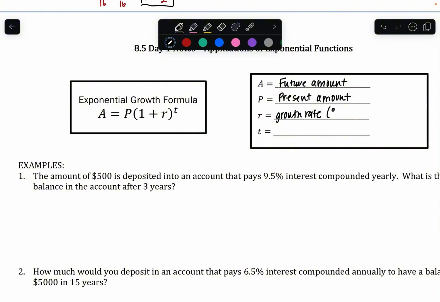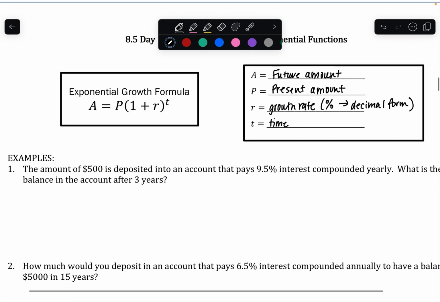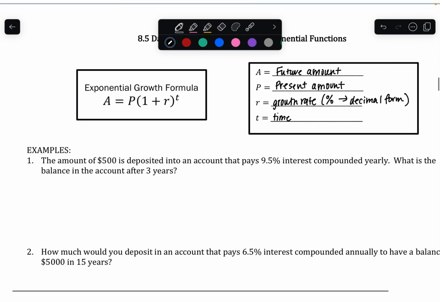And so in parentheses, I'm going to say percent to decimal because you'll want to use the decimal form. And then T is the time. And because R is usually an annual rate, you want to make sure your time is in years.